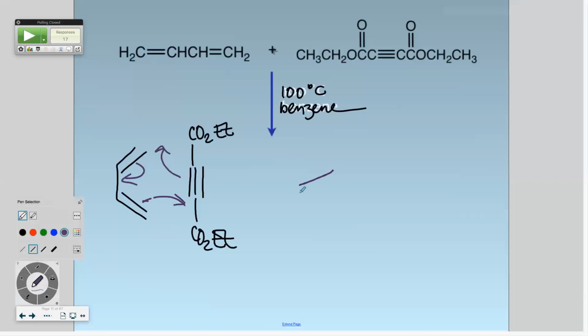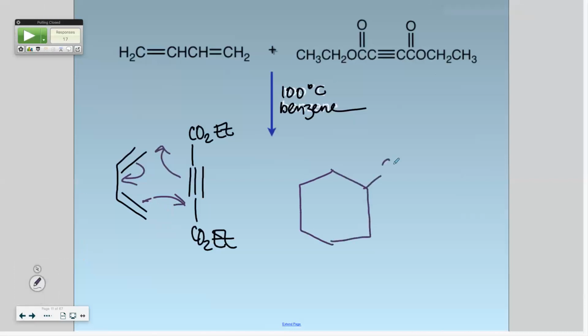Did you get that? No, you got this, right? 2 double bonds. Okay, because you had an alkyne for your dienophile.